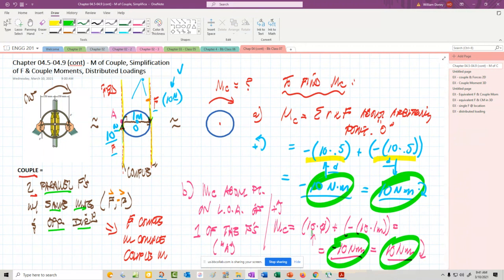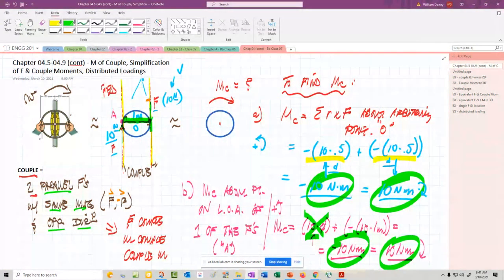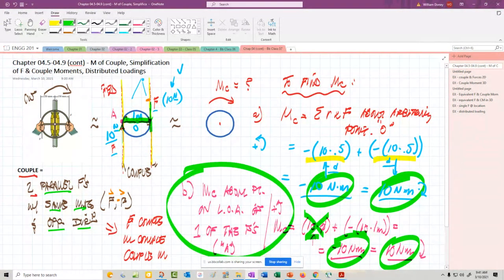We did the same number of steps, 1 and 2. But if we take this force acting about that point, we really don't have to do this one because we know the distance is 0.